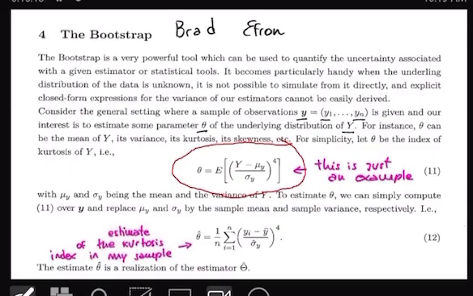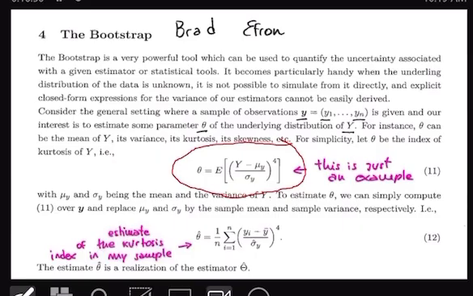If I know the mean of y, because I have a random variable y, which may be a stock return, the mean of y is the expected value of y. I'm only going to know the expected value of y if I know the density function of y. So this is mu y.